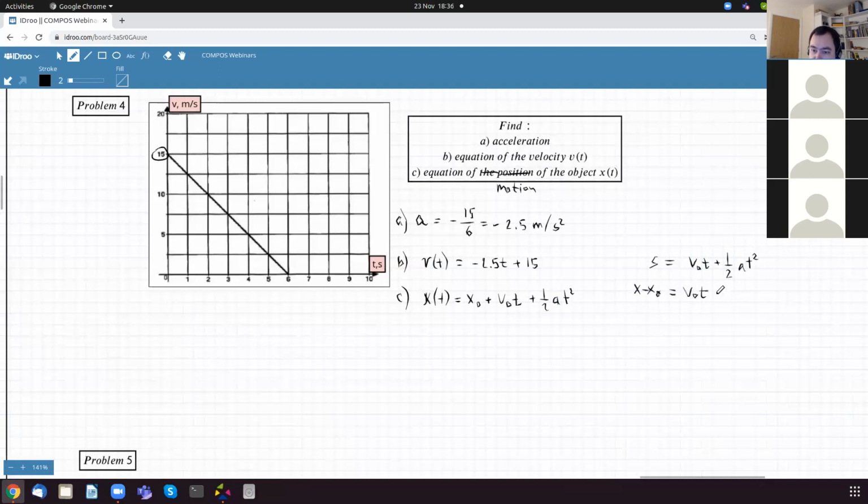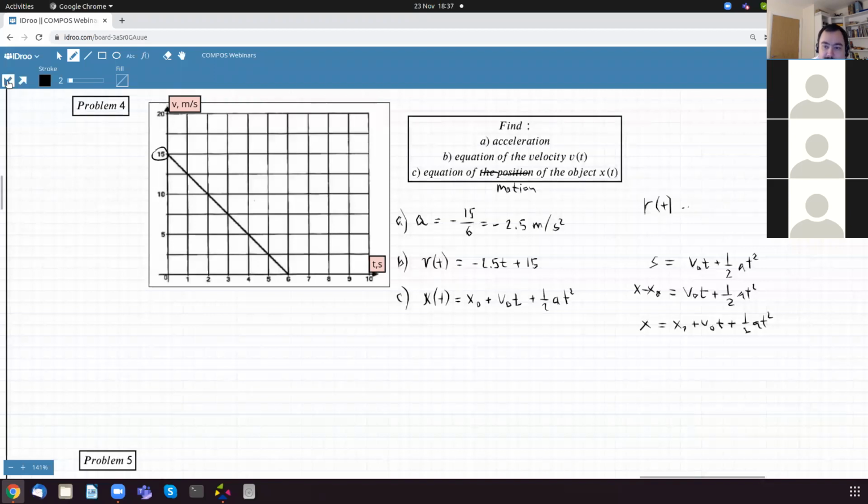So v0t plus 1/2 at squared, and then you rearrange that to make x is equal to x0 plus v0t plus 1/2 at squared. That's where this formula comes from, but also it's the component of this equation.